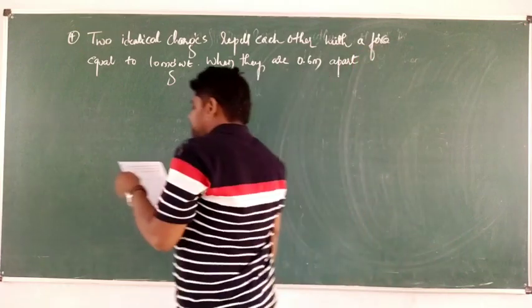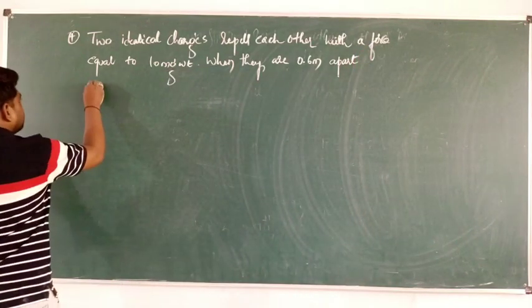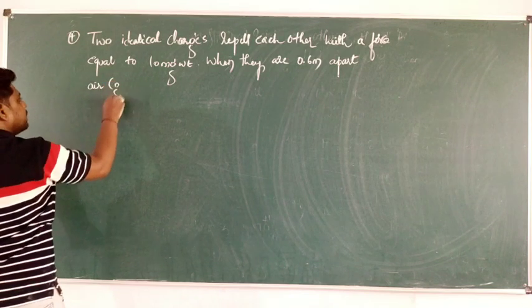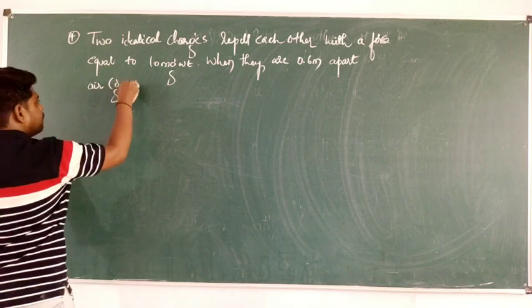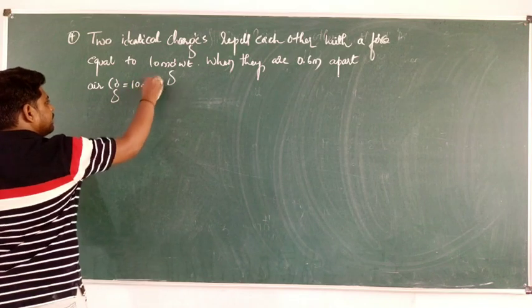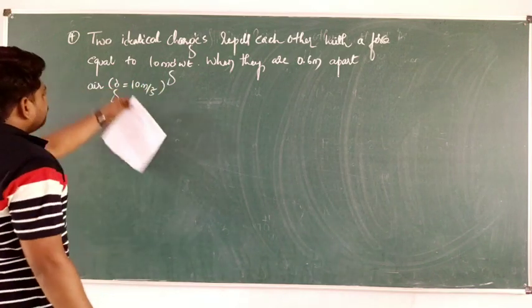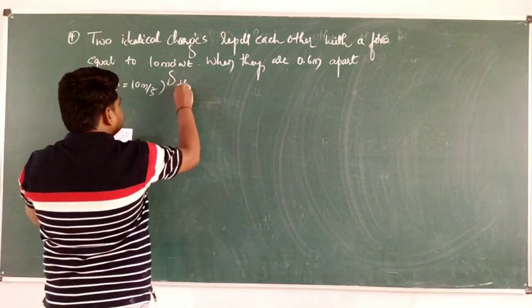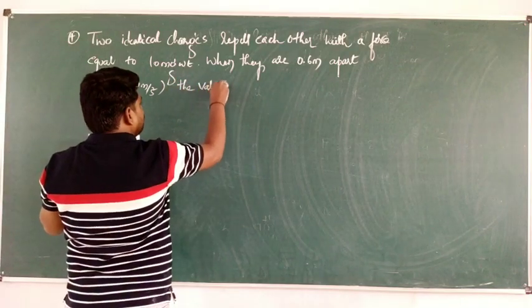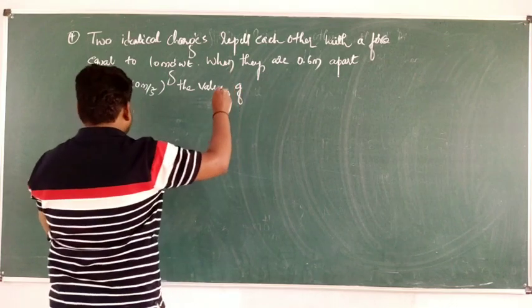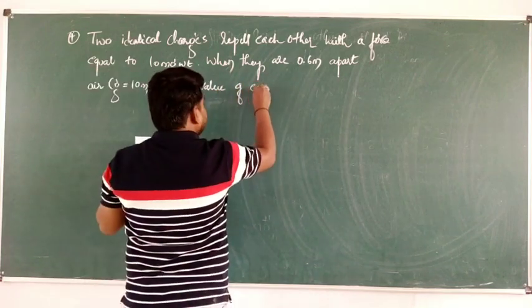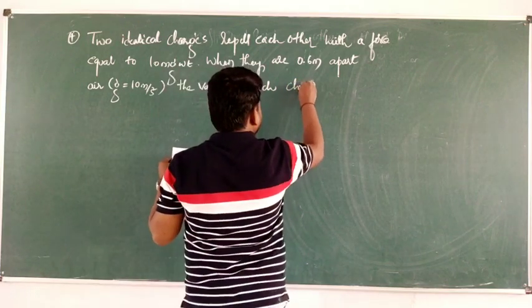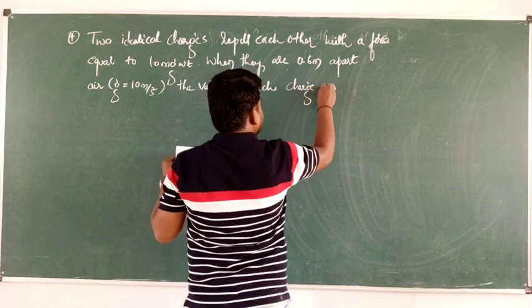The medium between them is air. They have given the value of acceleration due to gravity, 10 meter per second square, from which our calculation is going to be a little bit simpler. They are asking the value of each charge.